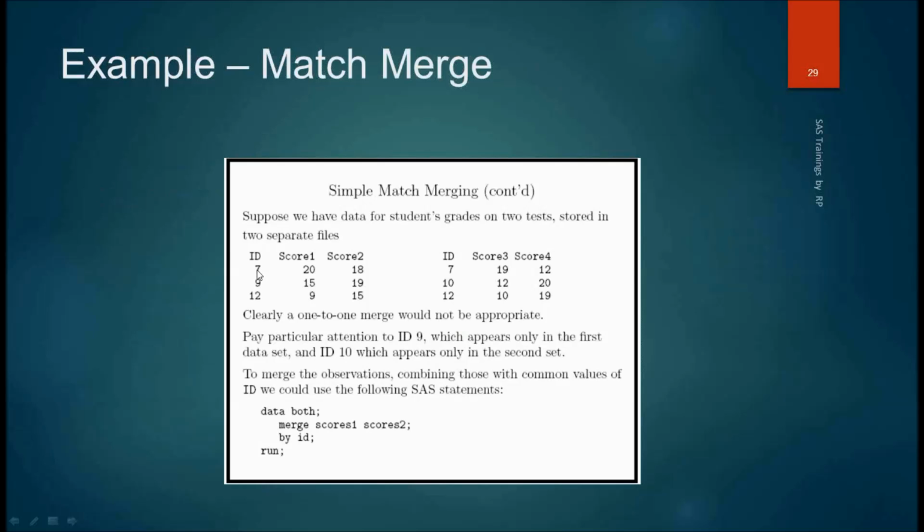And the first observation's record is matching with the second dataset's first observation. But the second observation, 9, is not matching with the second observation present in the other dataset. So this is called match merging. There is no exact one-to-one correlation between the observations present in both datasets.